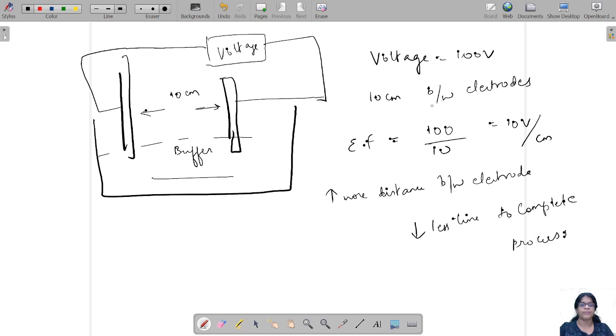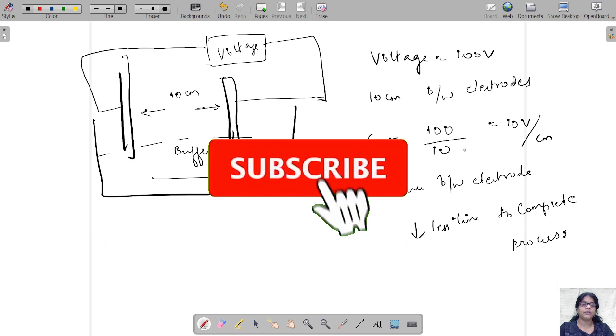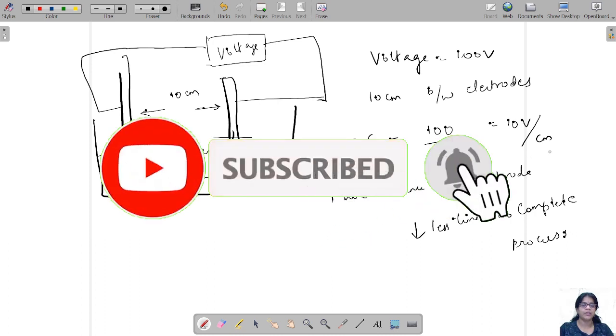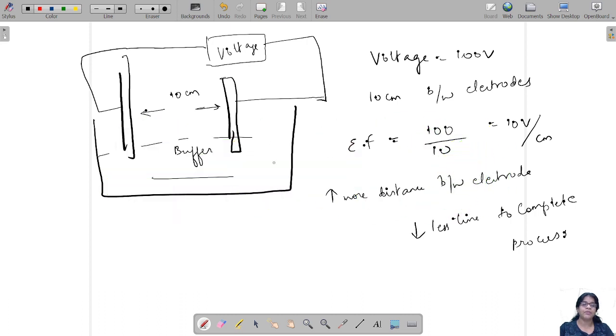So that is the formula we have just gone through: the voltage supplied divided by the distance between the electrodes. If it is 100 volts and the distance is 10 centimeters, the electric field you apply is 10 volts per centimeter. The more the distance between the electrodes, the less time it will take for the process to get completed. This is the main basic principle for agarose gel electrophoresis.